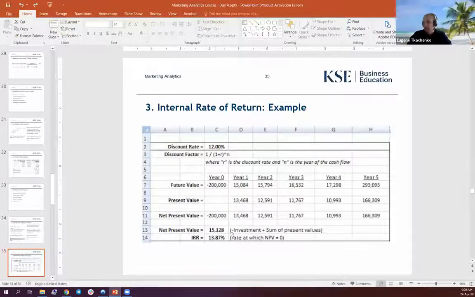Based on our calculations in Excel, we realize that it is 13.87%, which is higher than 12%. Therefore, it is financially justified, or marketing-based justified, that we can launch this project. So far, so good. Okay.